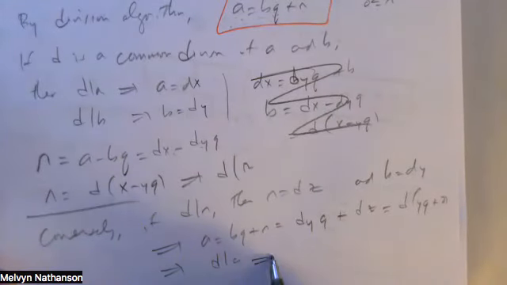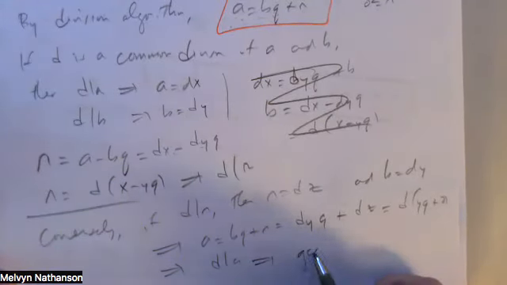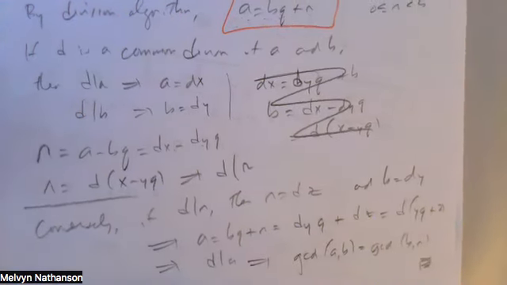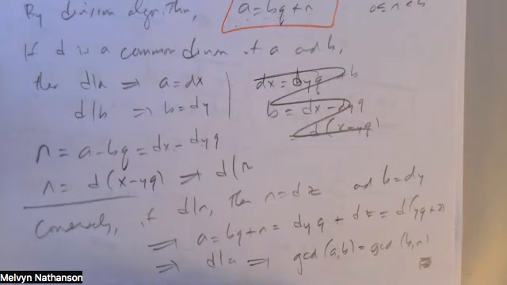So the greatest common divisor of A and B is the same as the greatest common divisor of B and R. So this is a very important argument. And Euclid knew this, and this is the basis of what is called the Euclidean algorithm.